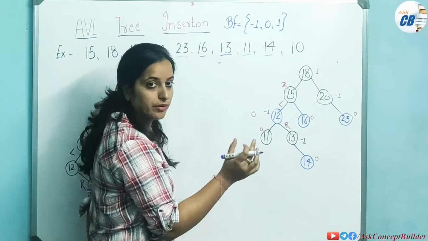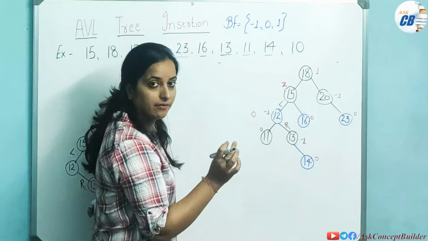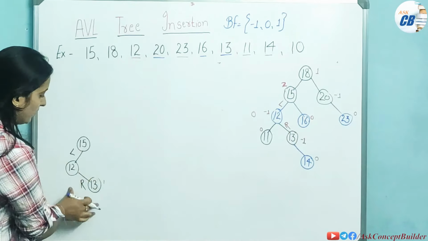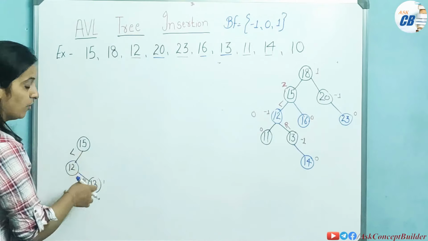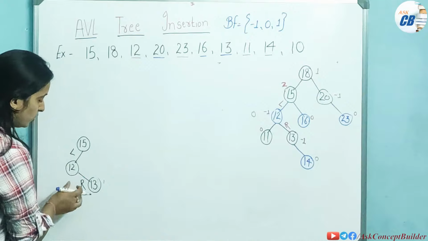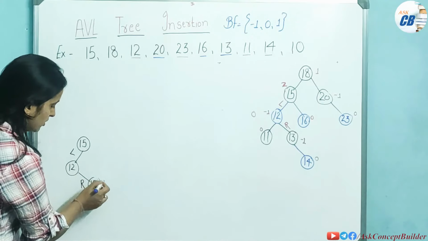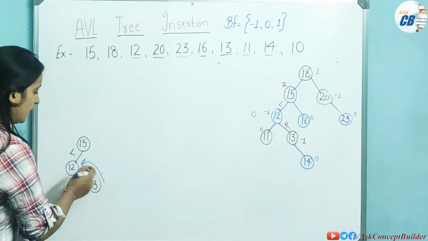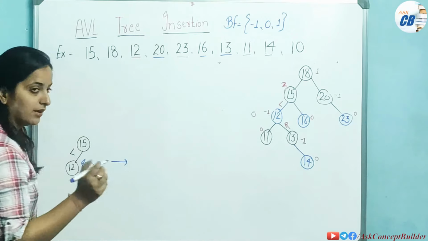We will perform rotation on it and then we will stick it here again. So we will take 15, 12 and 13 here and perform rotation on it first. See, this is the LR problem, so this R we will rotate to its left side. We'll first make it an LL problem.